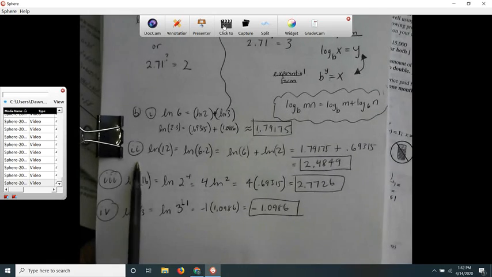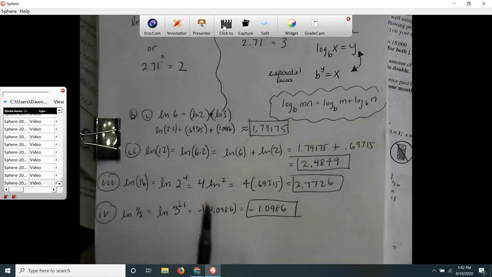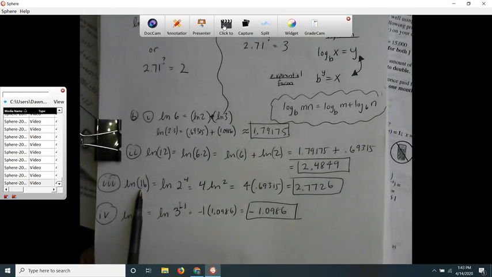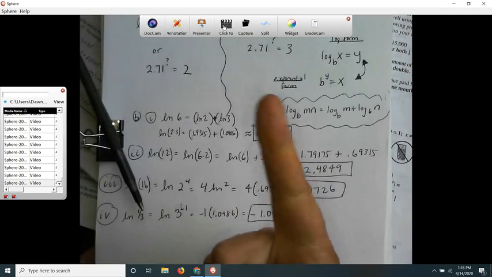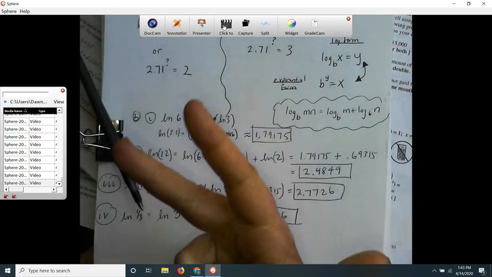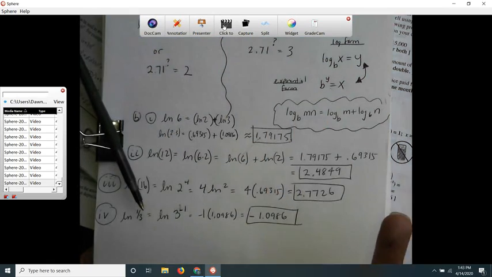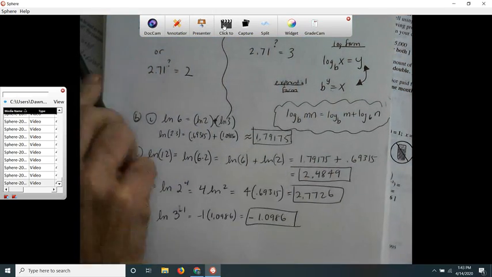And then ln 16, well, that one I'm going to use an exponent. Really what I could do is say that's ln 2 plus ln 2 plus ln 2 plus ln 2. Let's see, 2 times 2 is 4 times 2 is 8 times 2 is 16. So I would have 4 ln 2s, right?